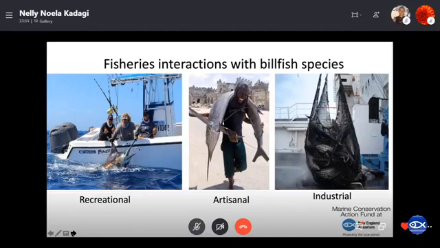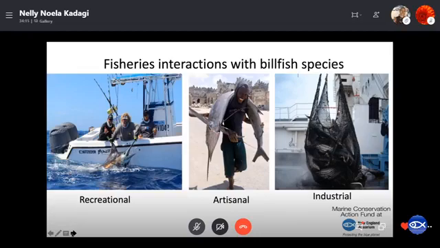And so through the Marine Conservation Action Fund, supported by the New England Aquarium, one of the things that we've been able to do with my team is to understand the interactions between billfish species and the various fishing sectors that target this fish.